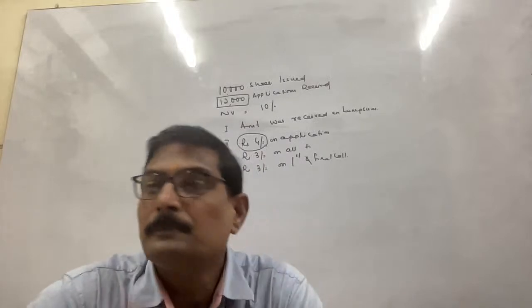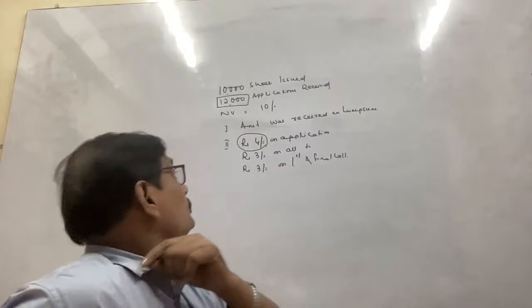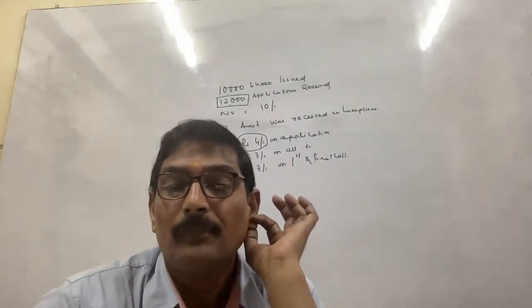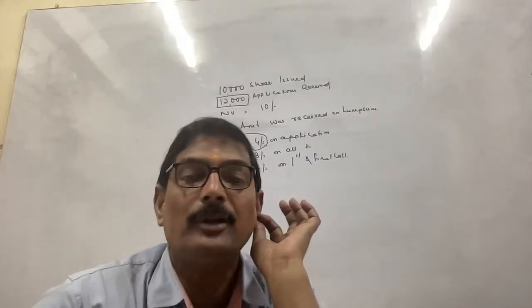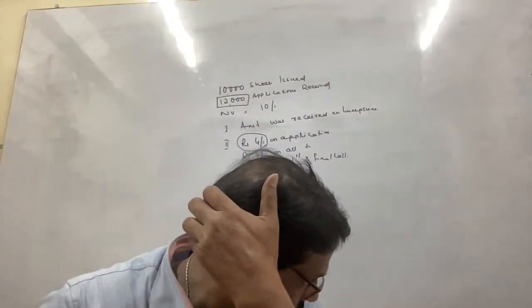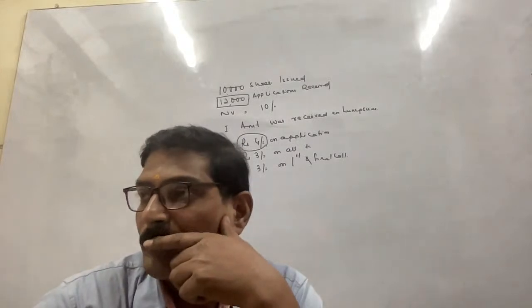Bank account debited to share application and allotment account, 12,000 into 4, that is 48,000.